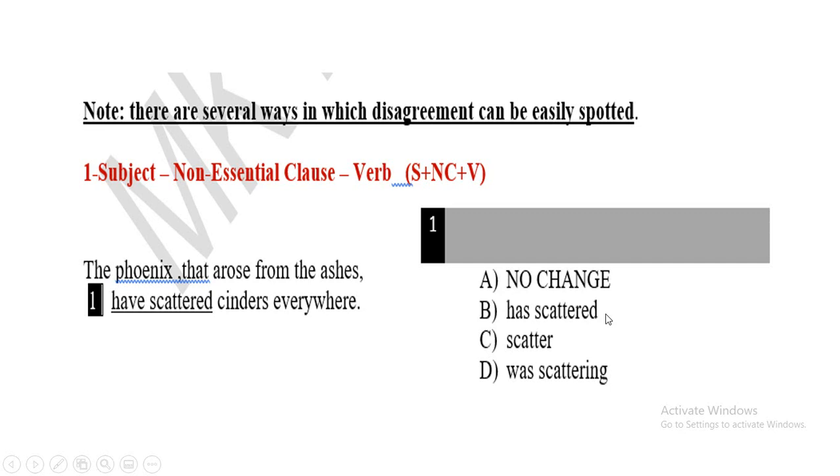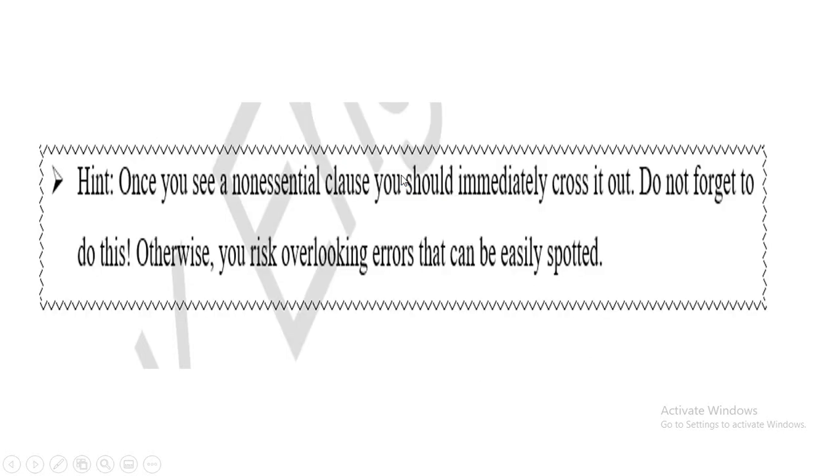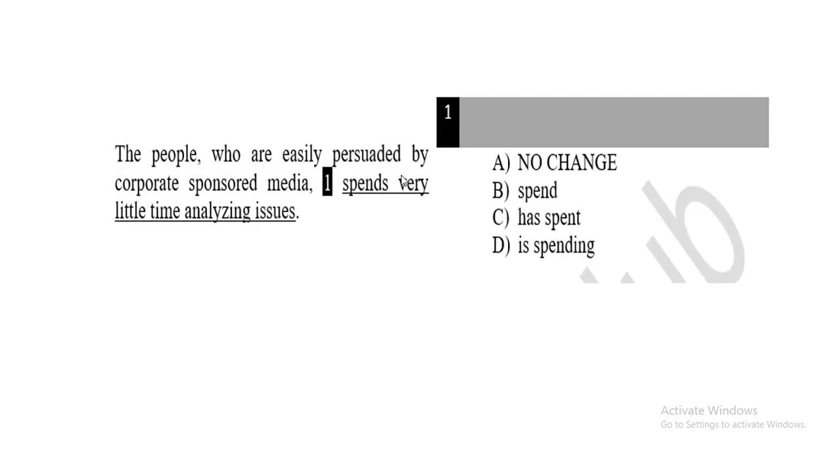Okay, so whenever we have a subject, non-essential clause, and a verb, we have to cross out the non-essential clause in order to identify the subject and the verb and check the agreement between them. Next: no change, spend, has spent, is spending. The people who are easily persuaded by corporate sponsored media spends very little time analyzing issues.